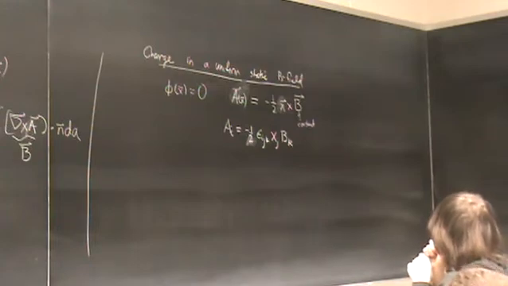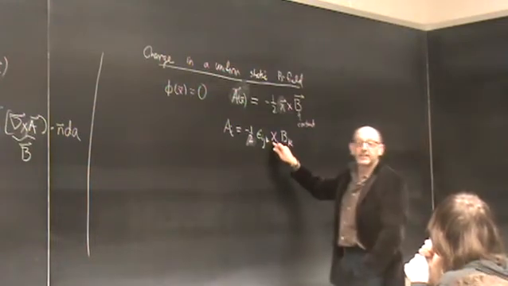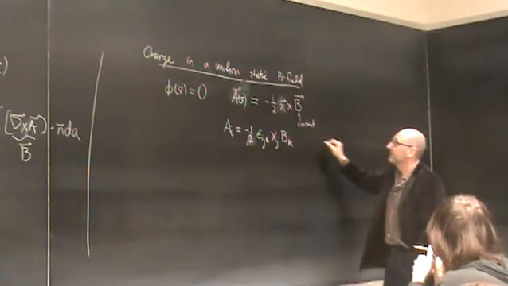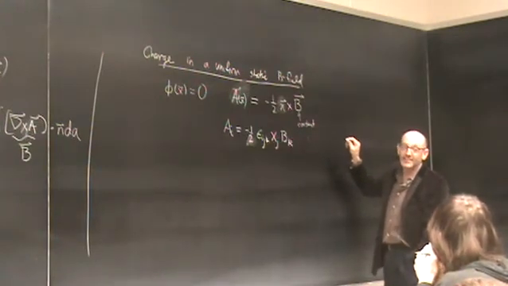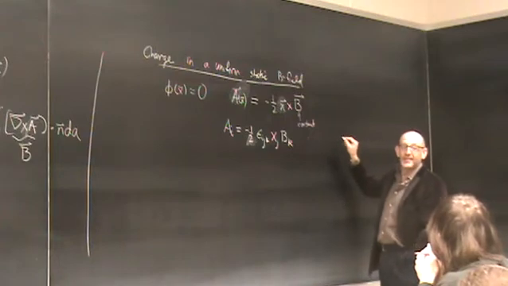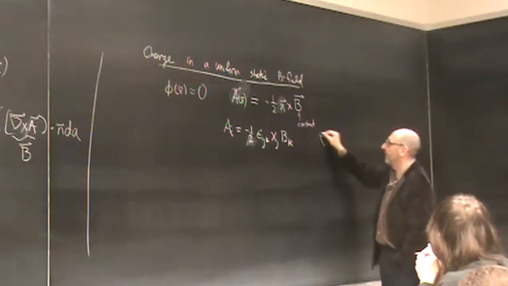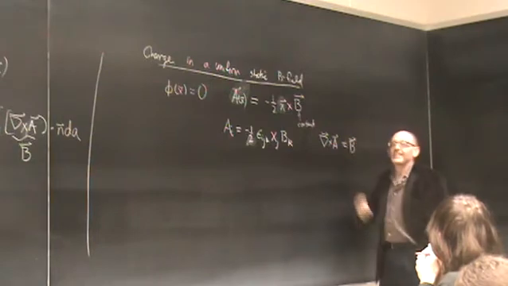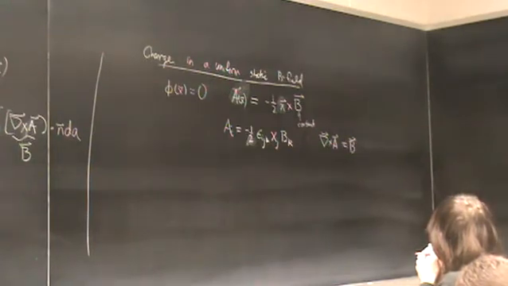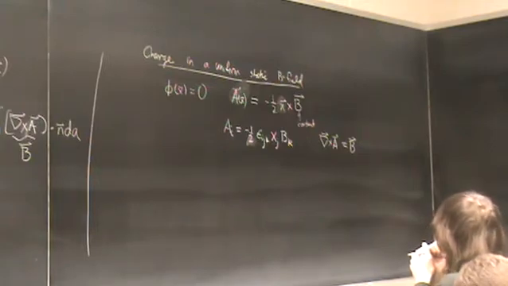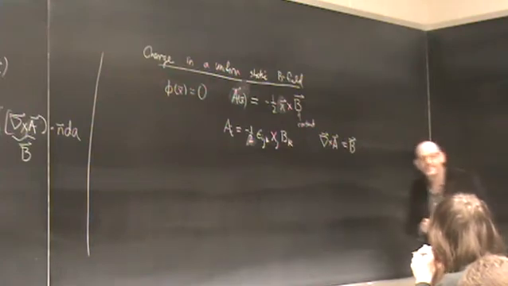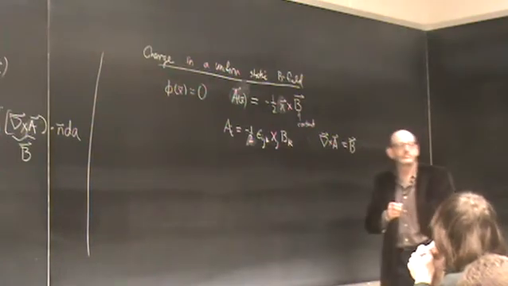B is a constant. This is the position at which I'm observing the field. I claim, and I'm sure you did this in your statics class, you just don't remember, that the curl of A is B. This is a good exercise for those of you playing around with your epsilon ijks and Levi-Civita symbols. Give it a shot. You can prove it for yourself.